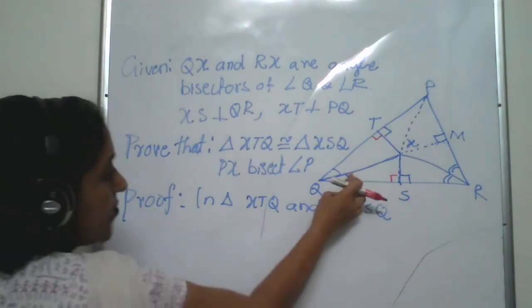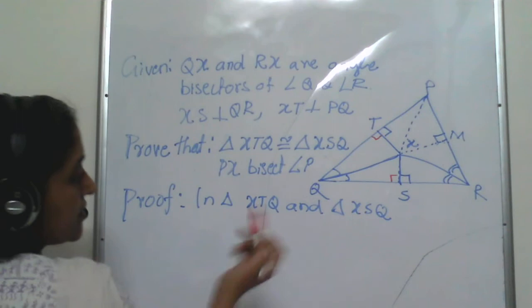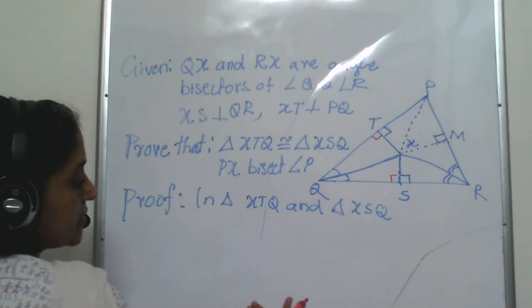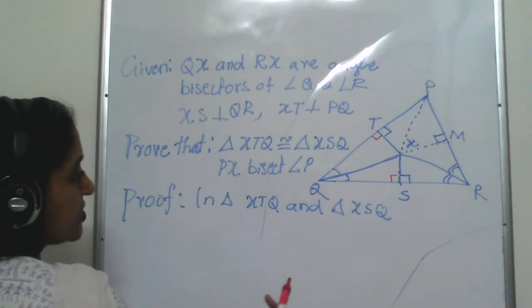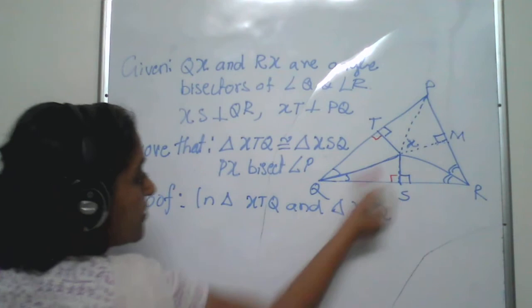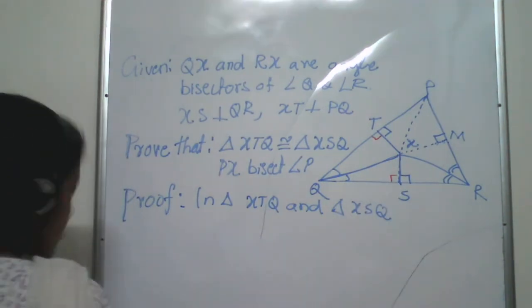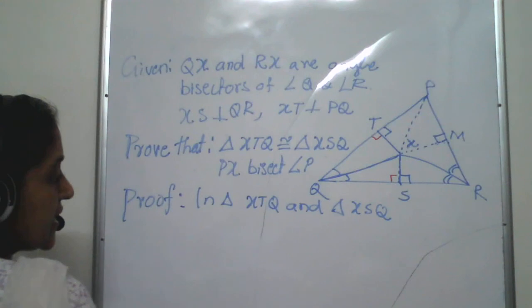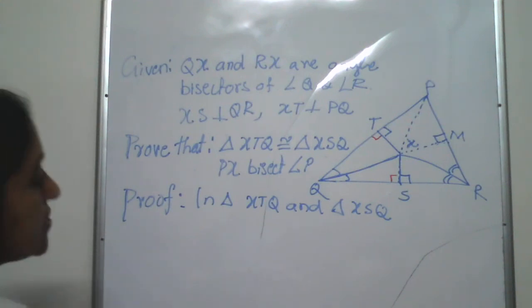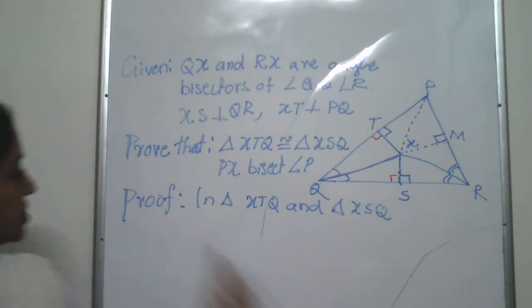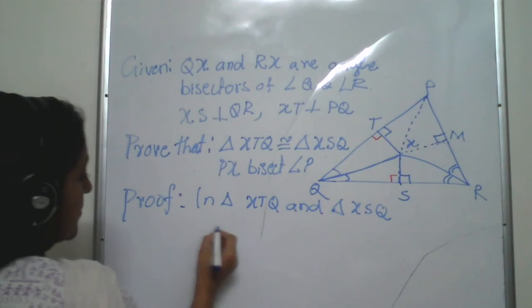So angle. What about the third corresponding side that we have to talk about? That is the common side, XQ is the common side. So by the AAS criteria, we can prove that these two triangles are congruent. Now let's check here.